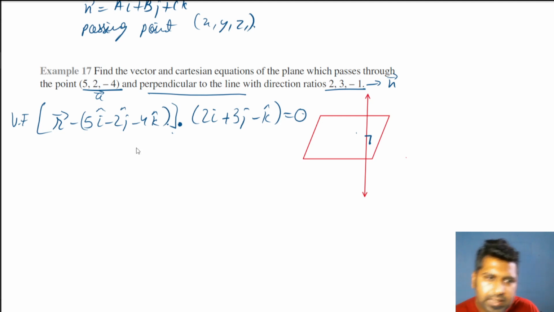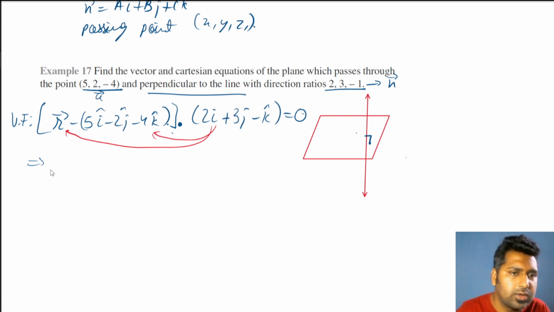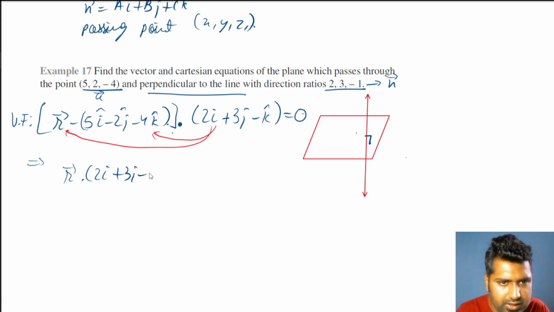Actually, you can do slightly more. You can take one more step: the dot product can be distributed. So we can do the dot product of these two vectors. It will be r vector dot 2i plus 3j minus 6k, minus the dot product of these two, which is 10 plus 6 minus 24... (5 times 2 is 10, minus 6 plus 4) equal to 0.